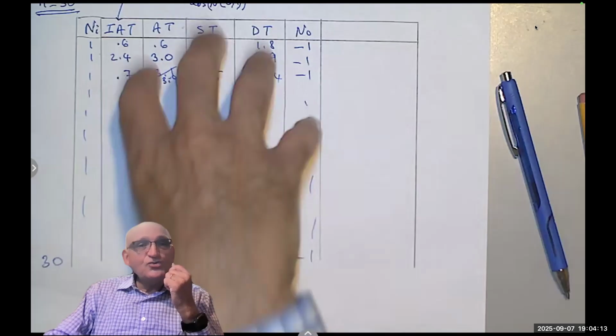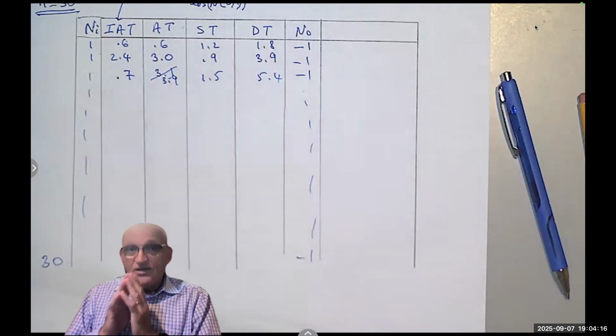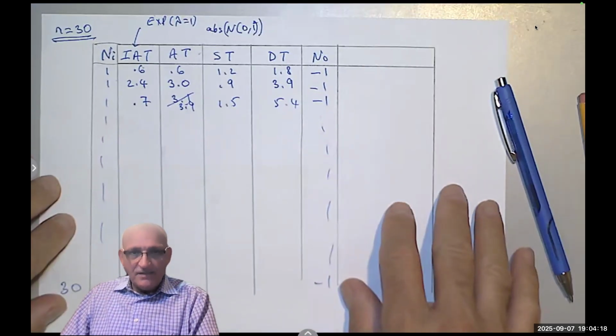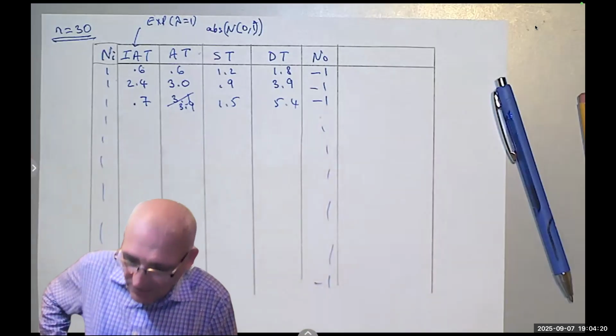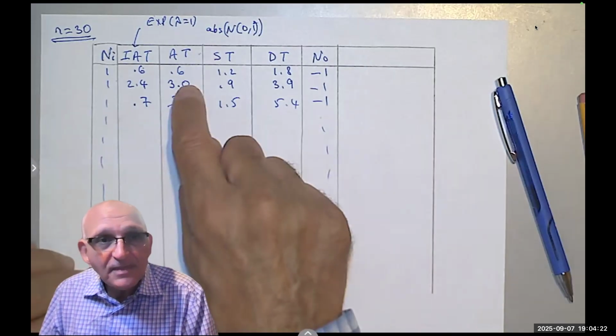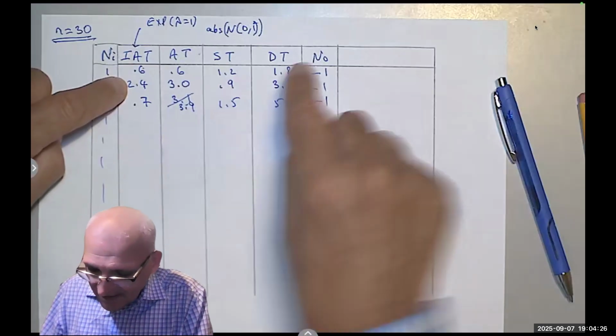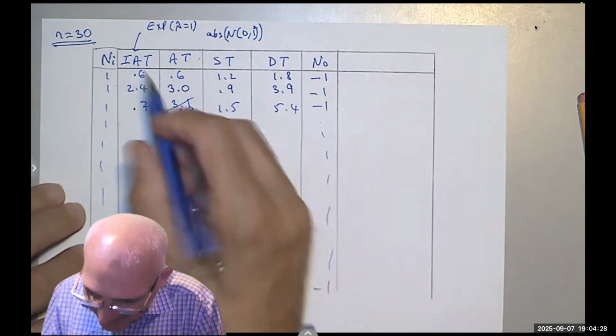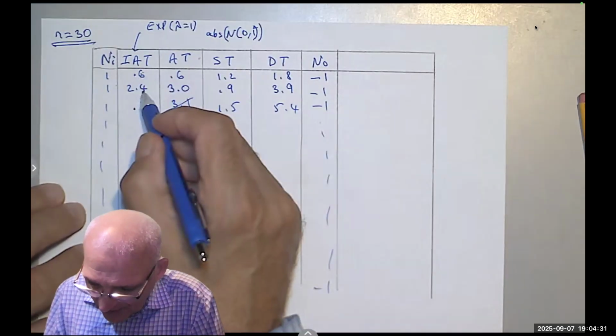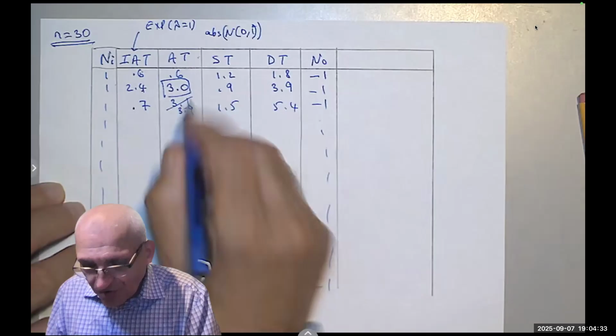So how do I do that in RStudio? Okay, notice that when we say the arrival time, I'm going to add these two up and then compare them. So again, I add 0.6 and 2.4, I get 3.0. I cannot write it right away.